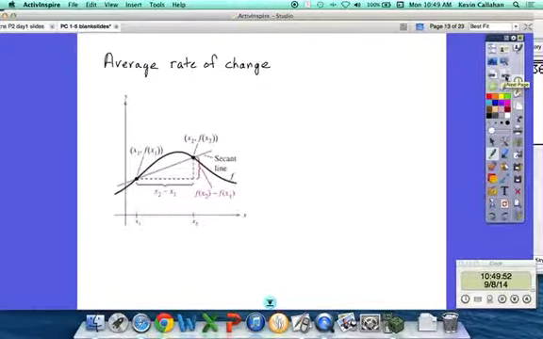Okay, rate of change. Average rate of change. If you have a straight line, by rate of change, you mean the slope. So the rate of change for a linear function is the slope.